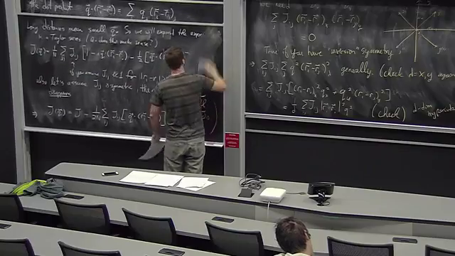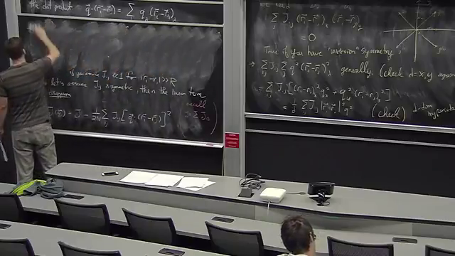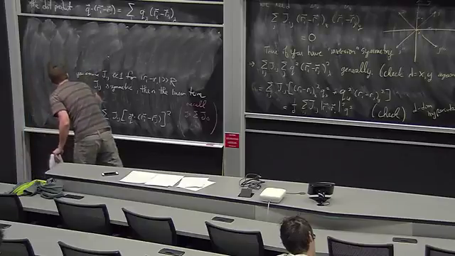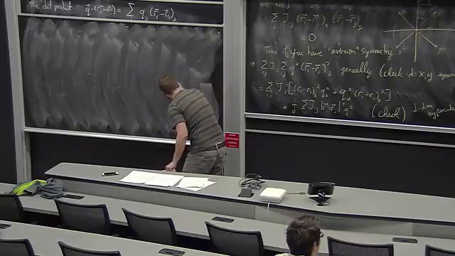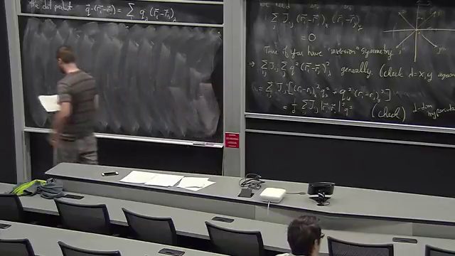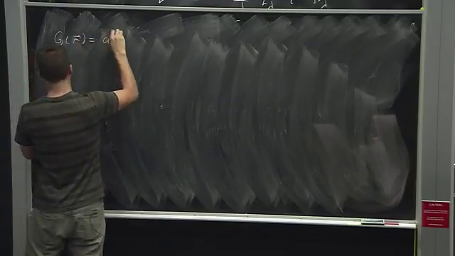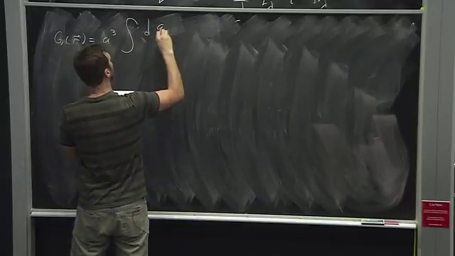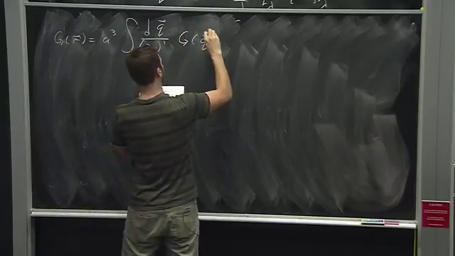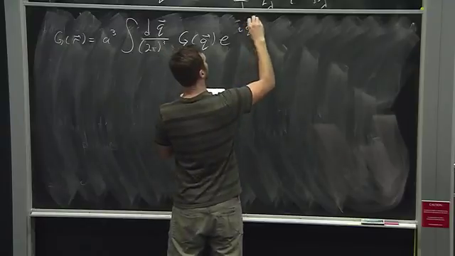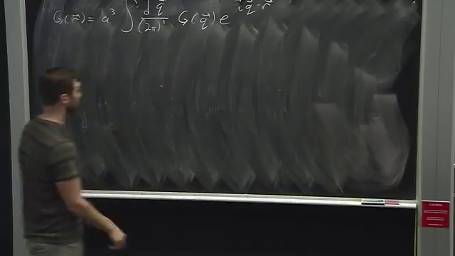So now I'm just going to take the continuum Fourier transform. So G of R, which is the thing I want. Do it in 3D. 1 over 2 pi cubed, integral of G of Q, e to the i Q dot R. Much nicer in the continuum.